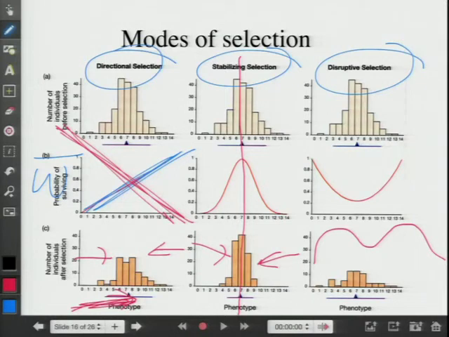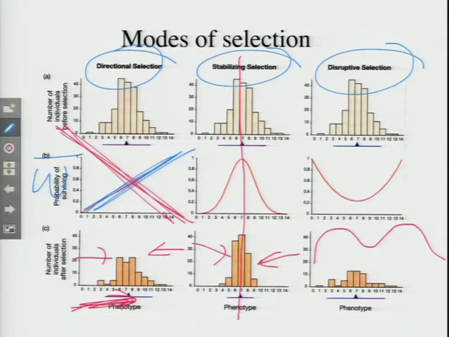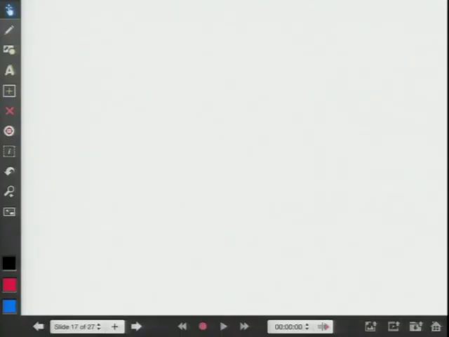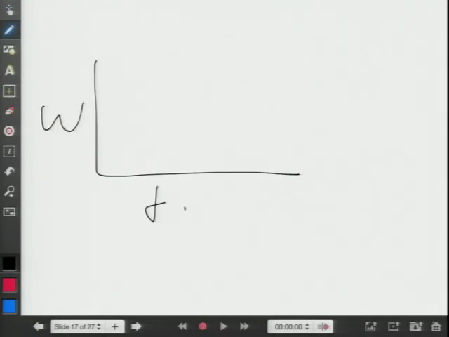Now, hopefully you can see that these aren't completely open-ended necessarily. If you have fitness as a function of the trait values, and here's the current average, what would you call it?